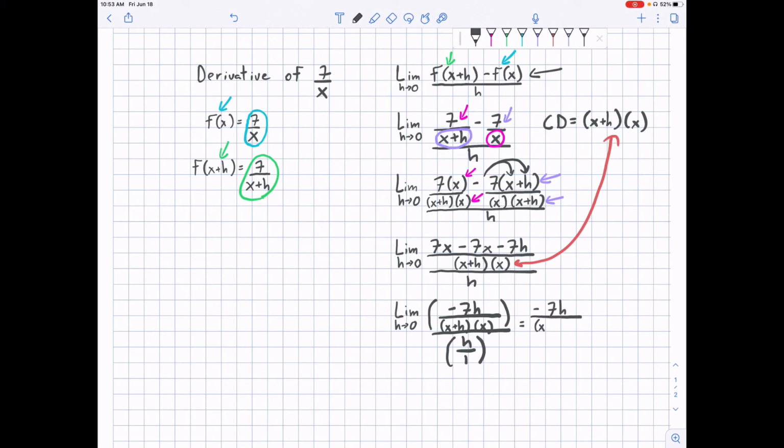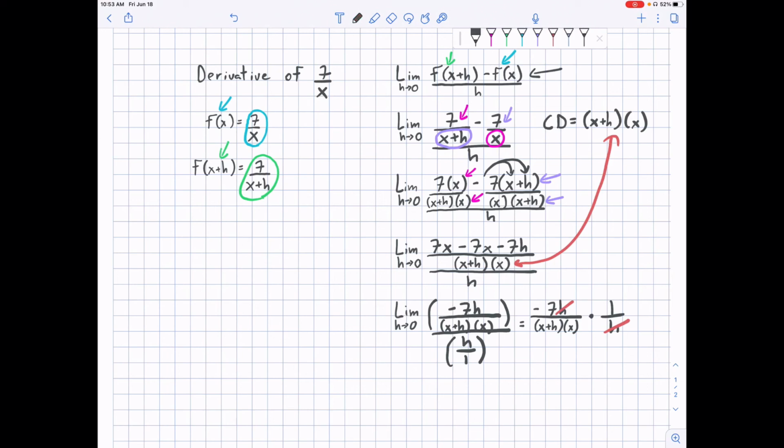There's my x plus h over x, now times, remember, this h over 1 is going to become a 1 over h because you flip and multiply when you're dividing fractions. And if you take a look here, we have these h's diagonally across from each other, so I can cancel them.